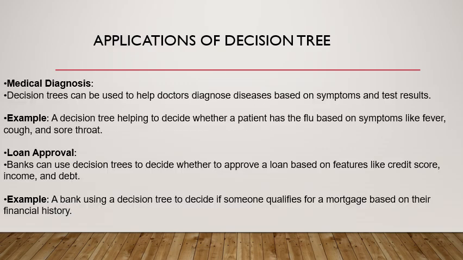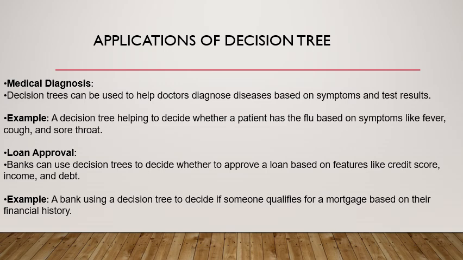Applications. Medical diagnosis. A decision tree can be used to help doctors diagnose disease based on symptoms and test results. Here it uses variables like symptoms and test results. Example, a decision tree helping to decide whether a patient has flu based on symptoms like fever, cough, and sore throat.